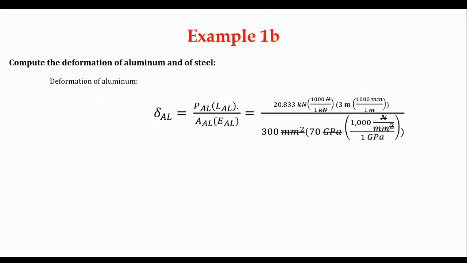Alright, so as you can see, the 70 gigapascal, convert it into megapascal, because megapascal is Newton per mm squared.